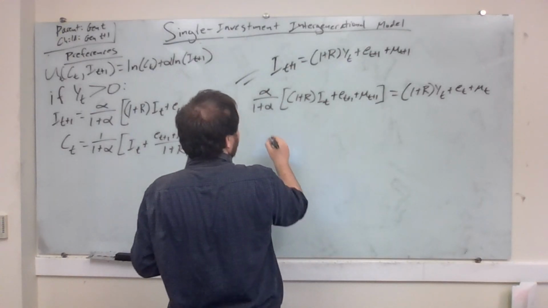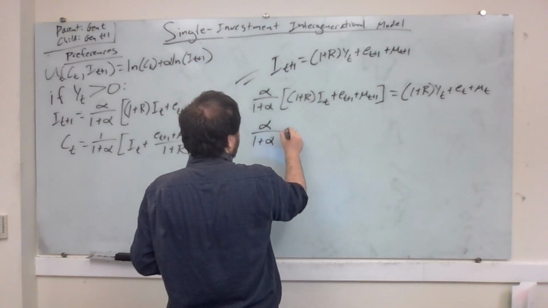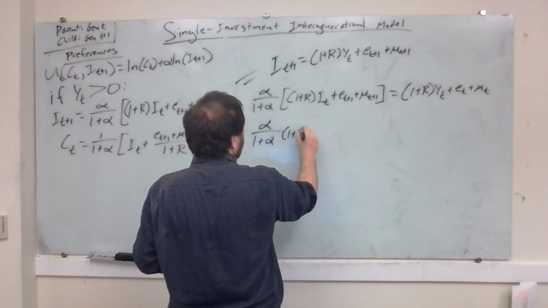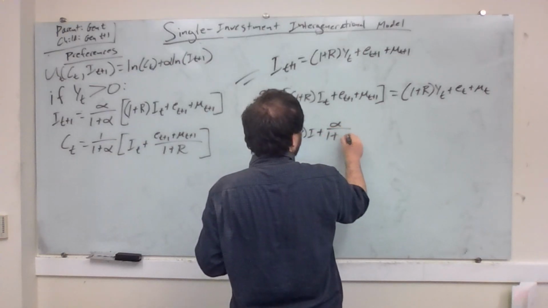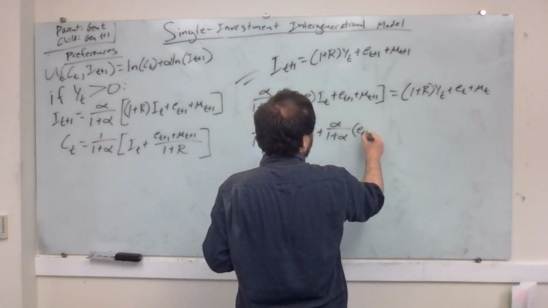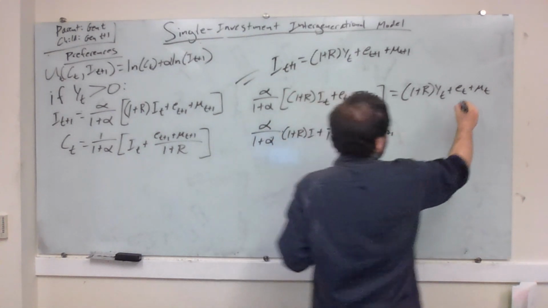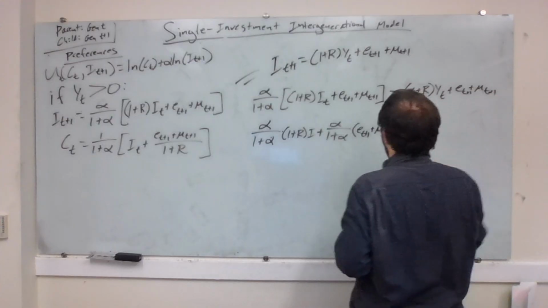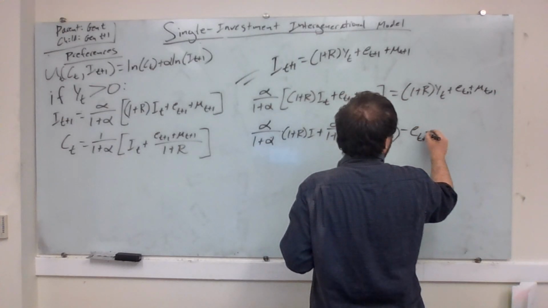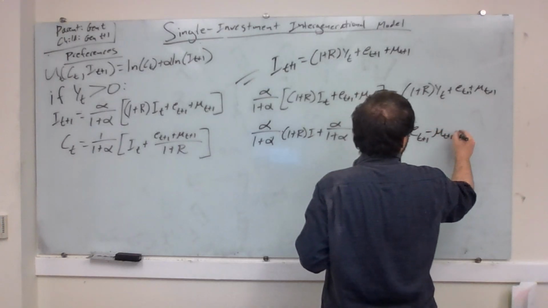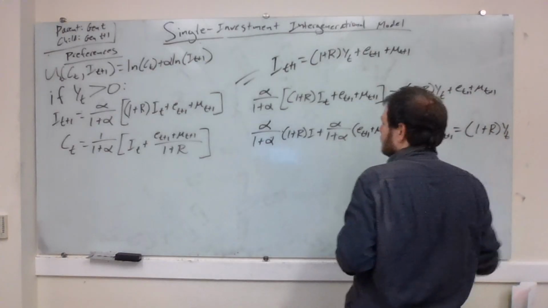We can say then alpha over 1 plus alpha times 1 plus r it, plus alpha over 1 plus alpha et plus 1 plus mu t plus 1, minus et plus 1 minus mu t plus 1 equals 1 plus r yt.